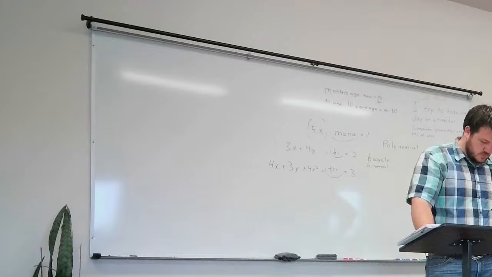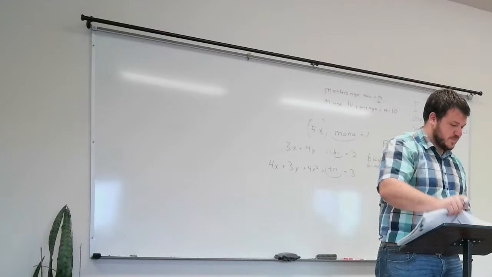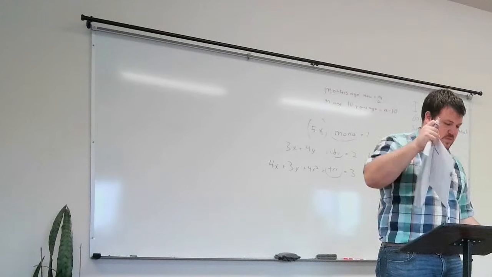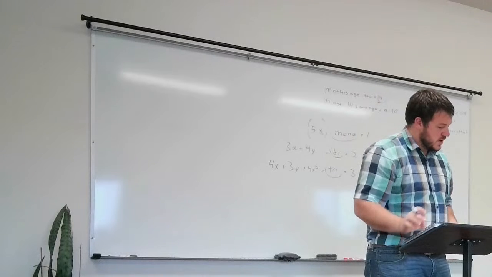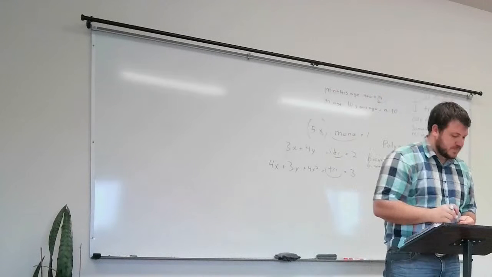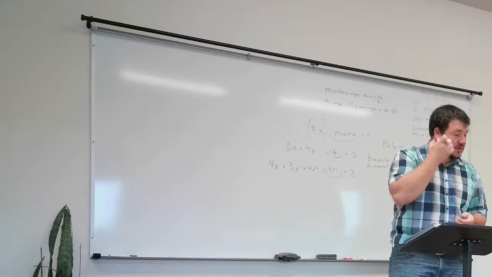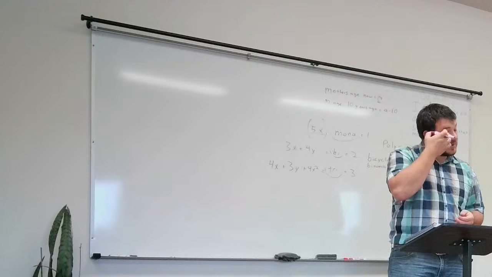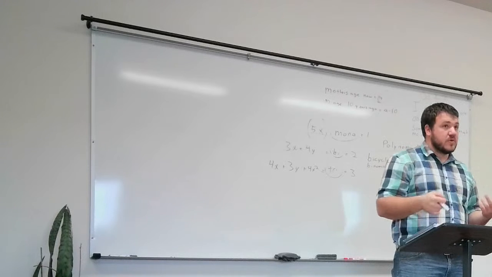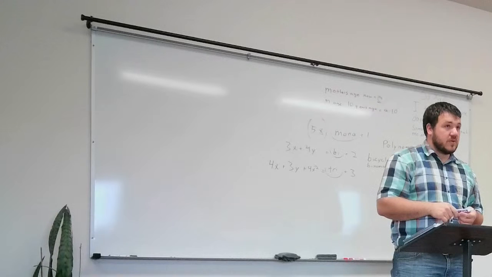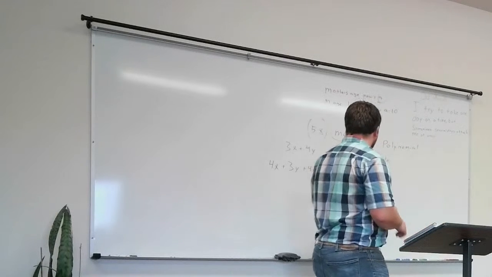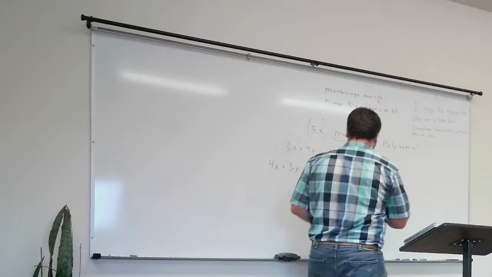So basically, what we're doing is we're classifying these polynomials. That'll teach me to only read the first part. Basically, you'll classify your polynomials by whether it's a monomial, binomial, or trinomial.